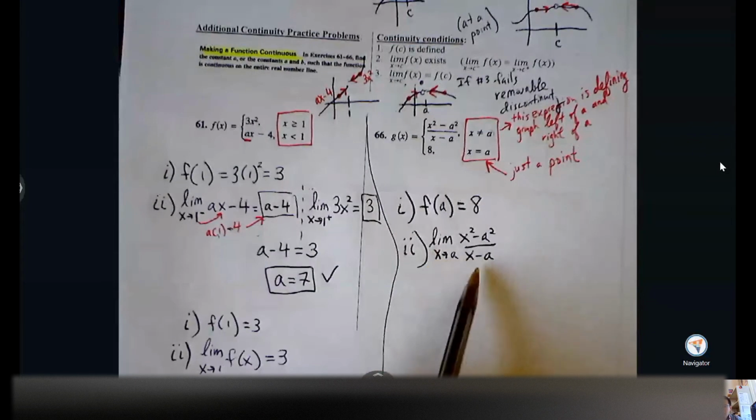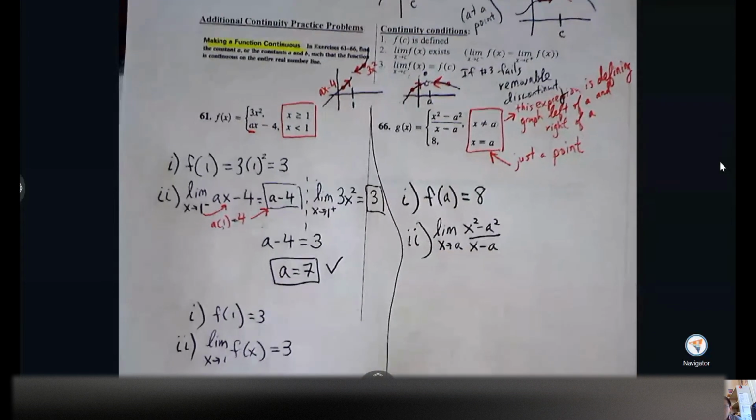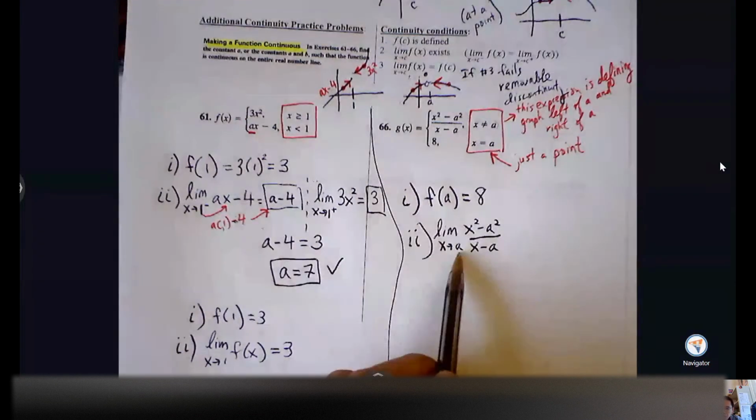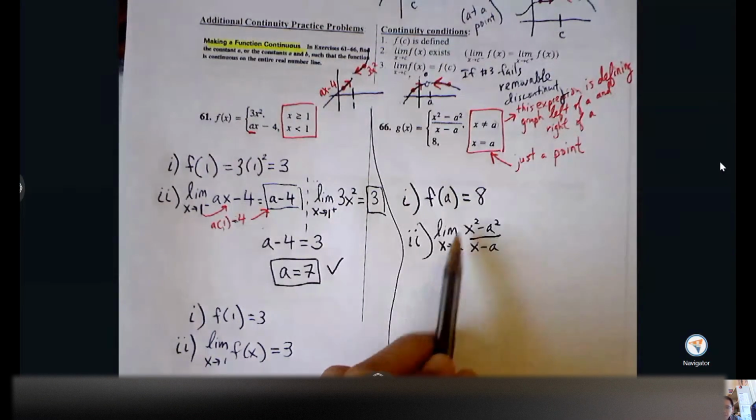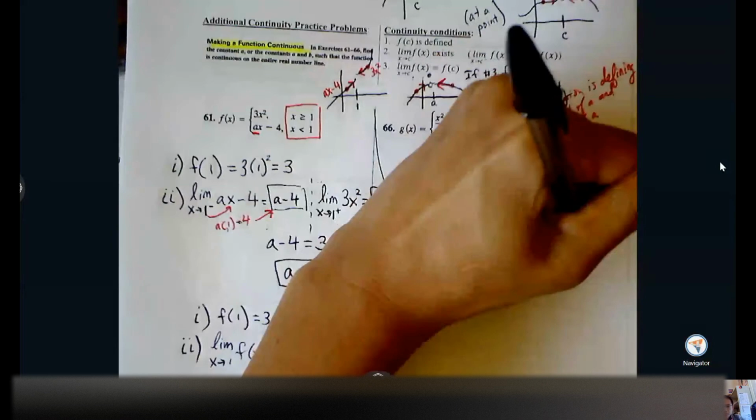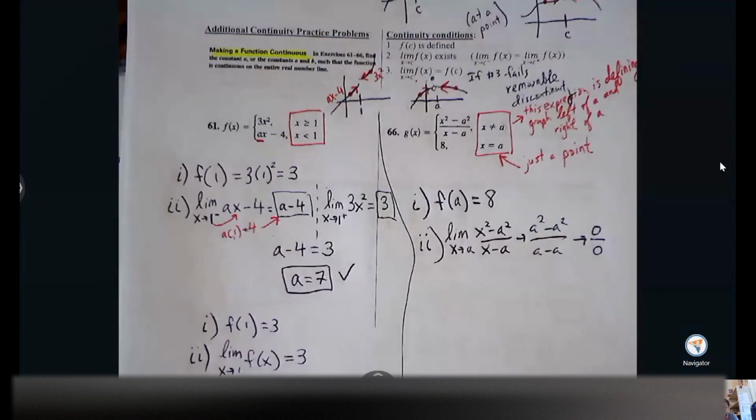Algebraic limit. How do you move forward from here? Wouldn't you put an a for x? Yep, plug in a for x, right? I get 0 over 0, so what does that tell us? There's a hole.